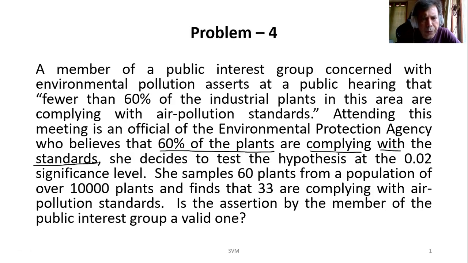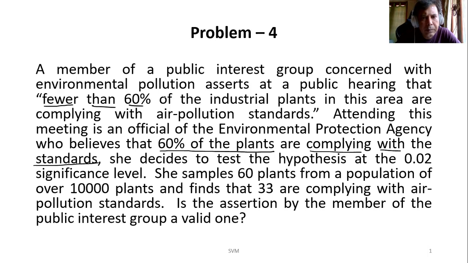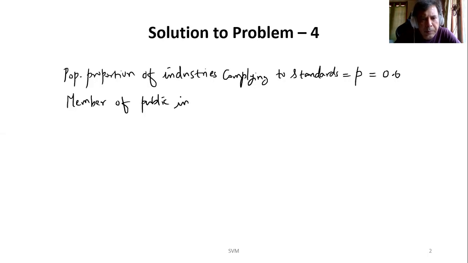Whereas fewer than 60% means here fewer than 60%. That is the member of the public interest group's opinion. So member of public interest group opinion is P less than 0.6.